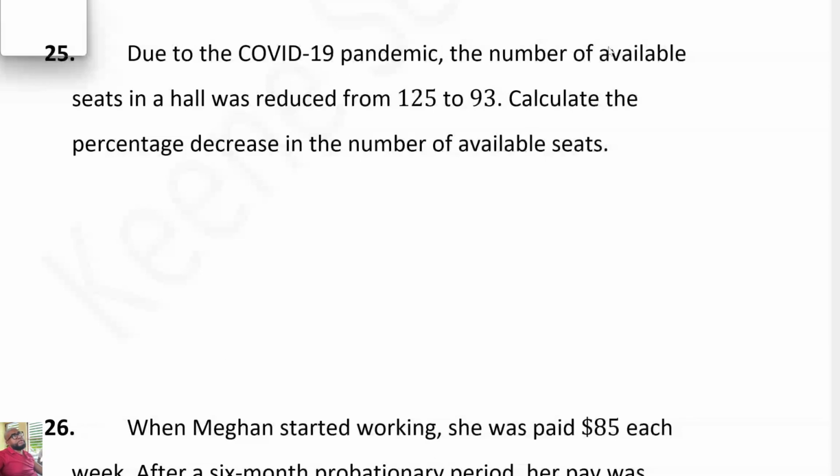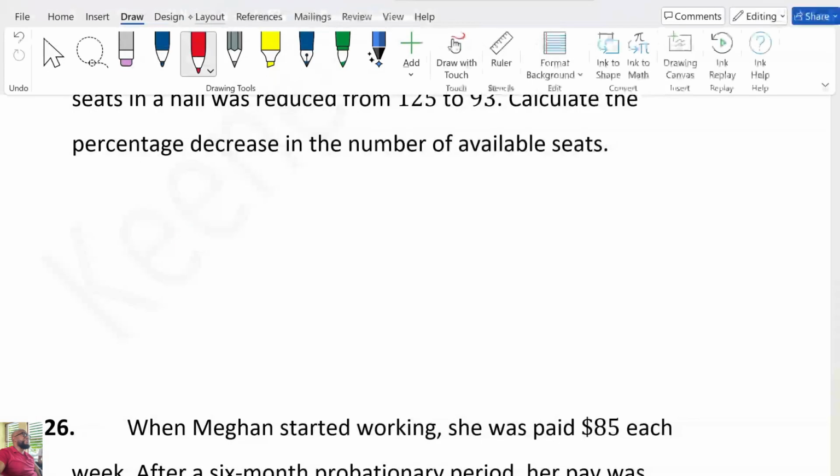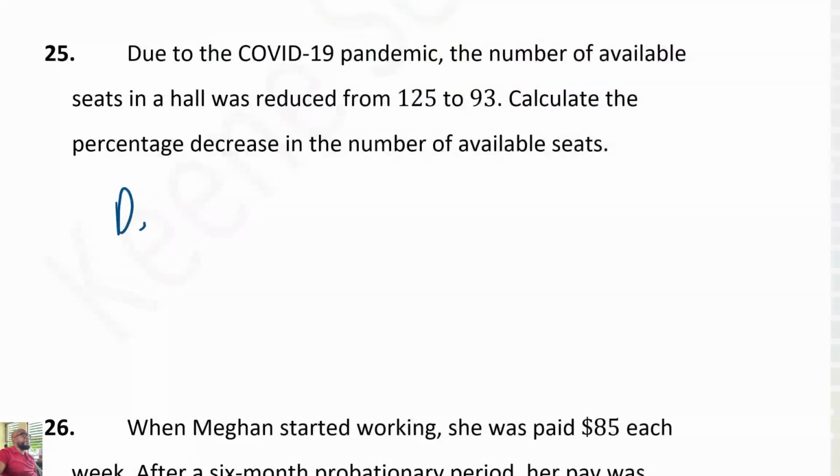So due to the COVID-19 pandemic, the number of available seats in a hall reduced from 125 to 93. Calculate the percentage decrease in the number of available seats. So you're trying to figure out what is the percentage decrease in the number of available seats, right? First of all, how much did the seats decrease by?